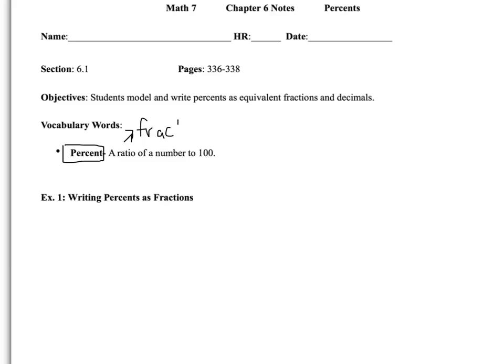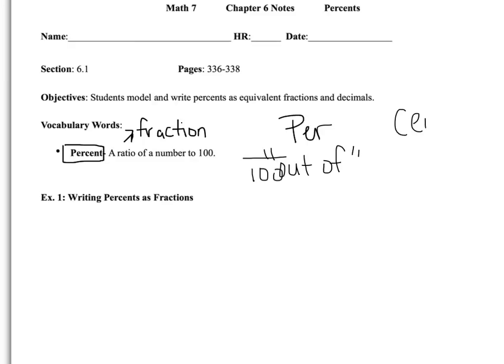But let's go ahead and break down percent even more. Per means out of, and cent, like cents in a dollar, there are 100 cents in a dollar. Century means there are 100 years in a century. Centimeter, there are 100 centimeters in a meter.